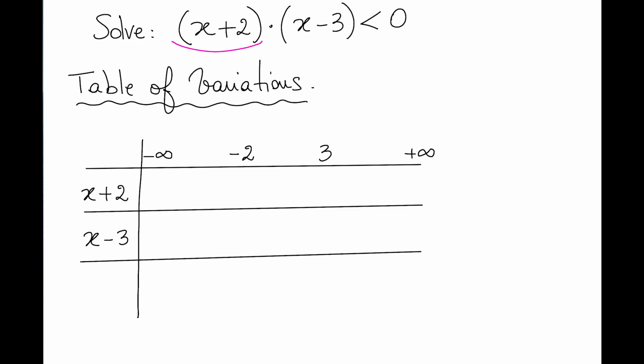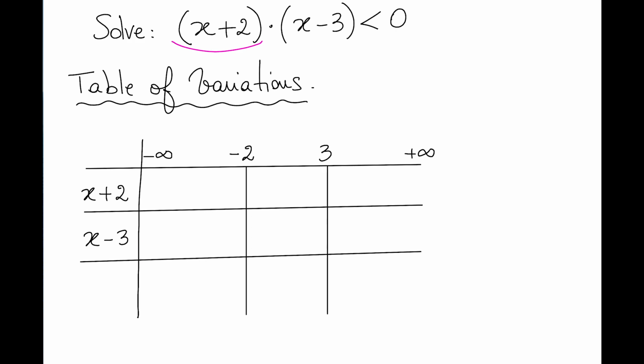These I'm going to refer to as critical points, because at these points one of the factors is going to be 0. Alright, and now I'm going to drop bars right below these guys. Very good.